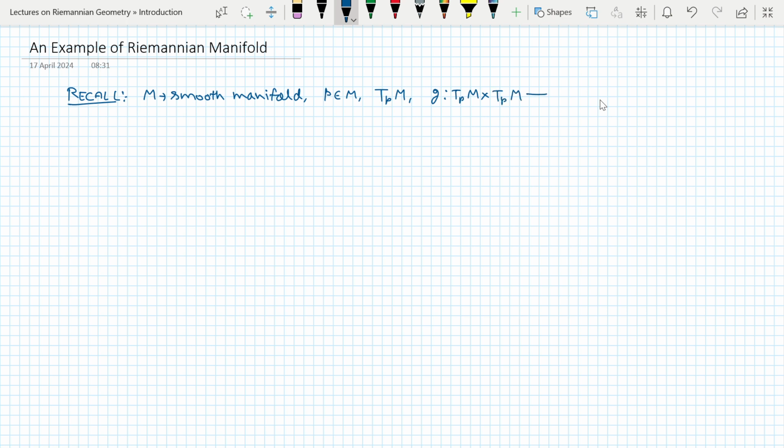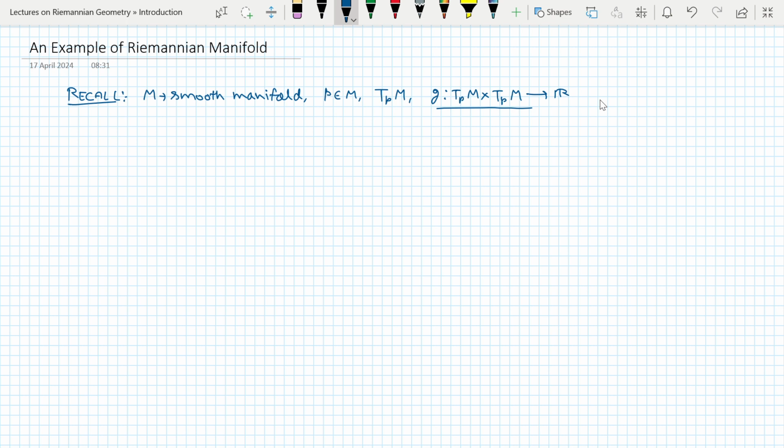Now, first point to note is that you are defining this inner product at each point. At each point, you have the tangent space, and there you are providing the inner product. So you see, the Riemannian metric is not just one inner product. It is an entire family of inner products, and that is why when we define the Riemannian metric in terms of a tensor, we say that it's a tensor field, because at each point you are providing an inner product.